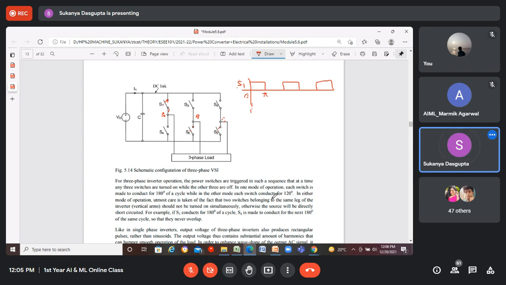Just a minute. If I can draw it, then it will be easier for you, because the star connected load is connected here. Just wait.